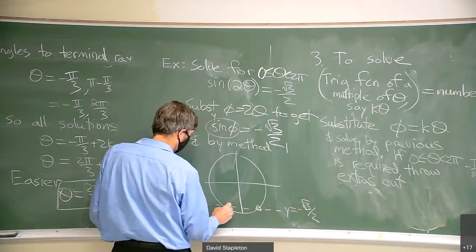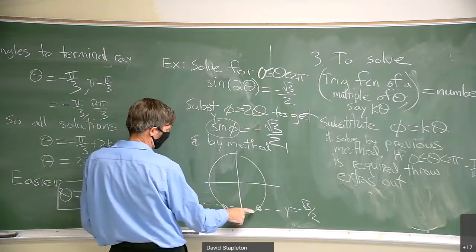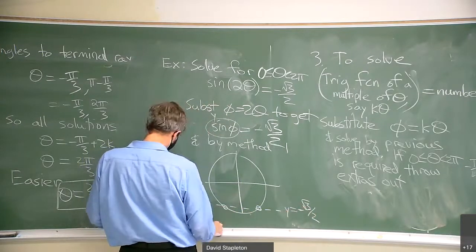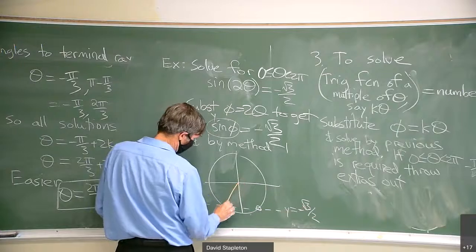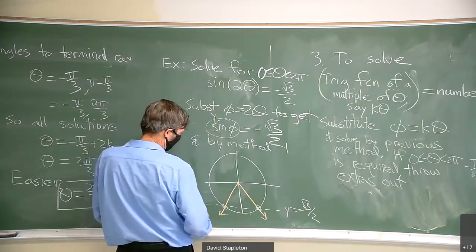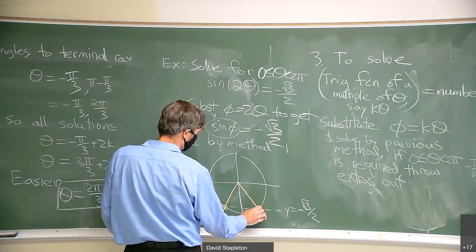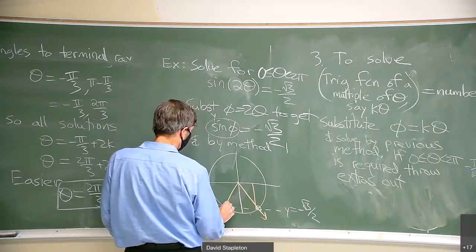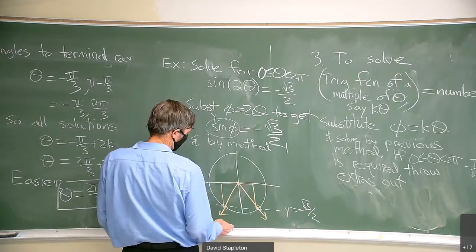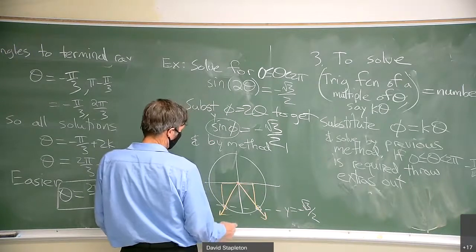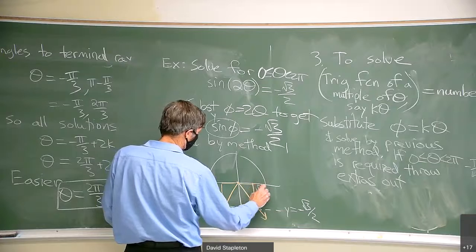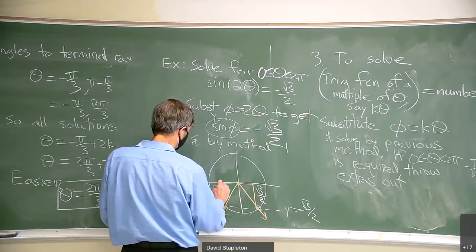I notice that there are 2 places where it intersects, and minus square root 3 over 2 is above minus 1. That means there are 2 terminal rays, this one and this one. I can drop a perpendicular on each and get 2 congruent reference triangles. Since I went down to minus square root 3 over 2, this side length is square root 3 over 2, as is this one.